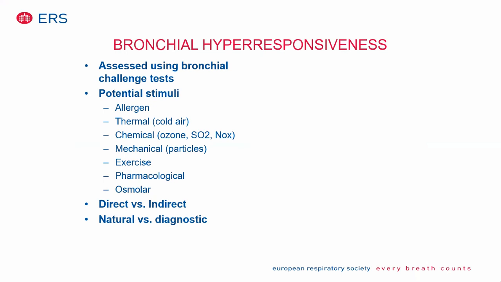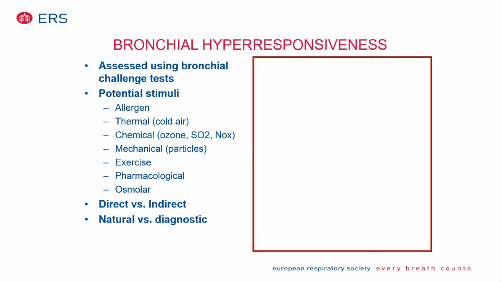Okay. The contrary to the bronchodilator response is the bronchial challenge testing to assess bronchial hyperresponsiveness. There are a number of potential stimuli, and they can be divided into direct versus indirect challenges and natural versus diagnostic or iatrogenic challenges.